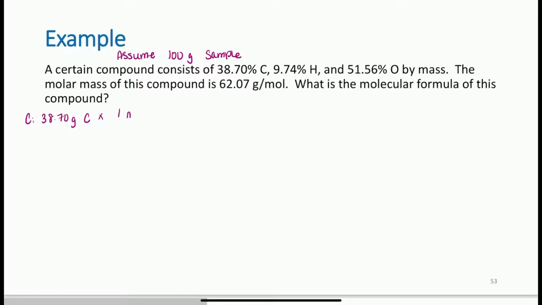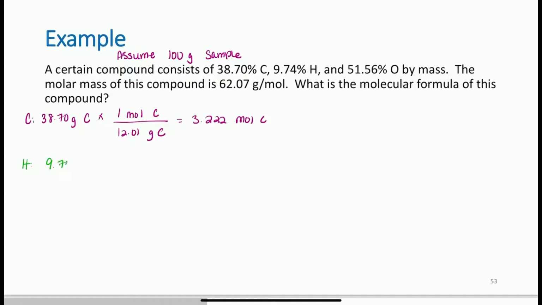Convert that to moles of carbon. And I need to calculate this out. I apologize. I forgot to write this down. 38.7 divided by 12.01 gives me an answer of 3.222 moles of carbon.